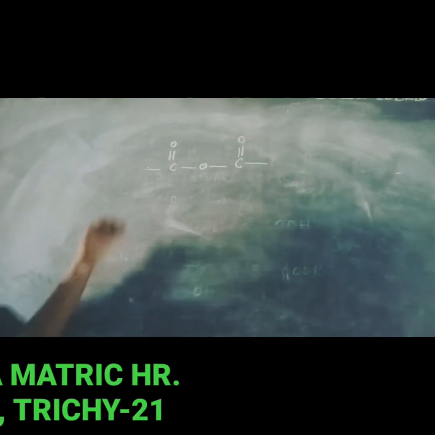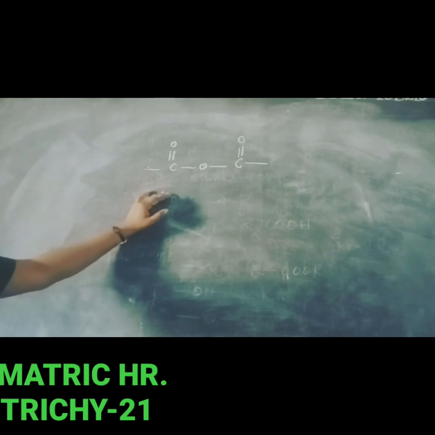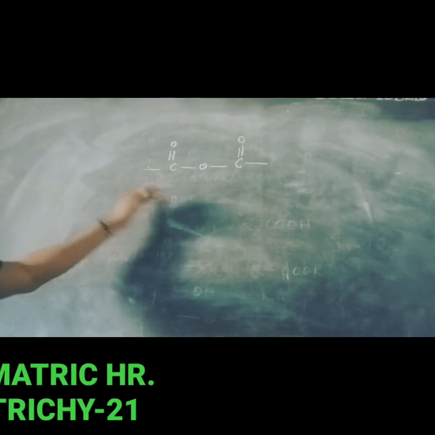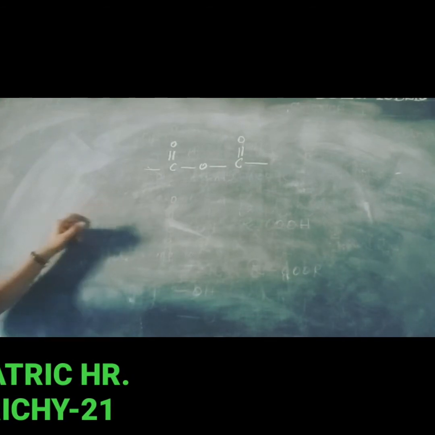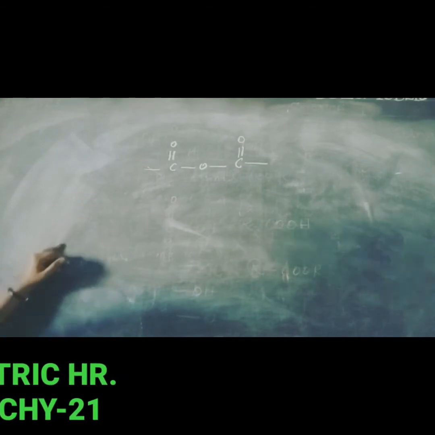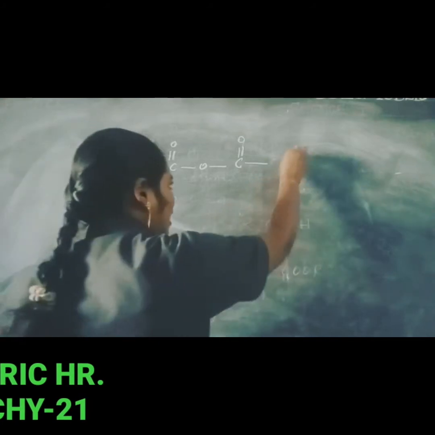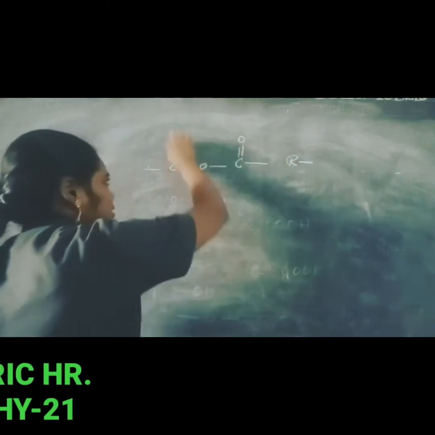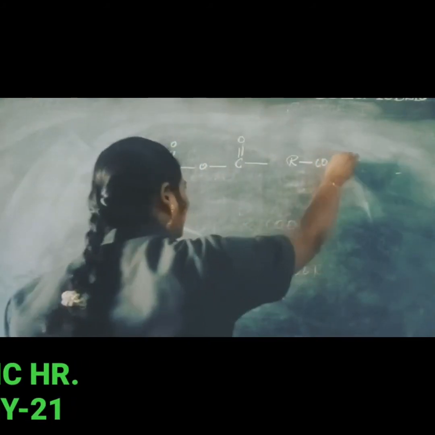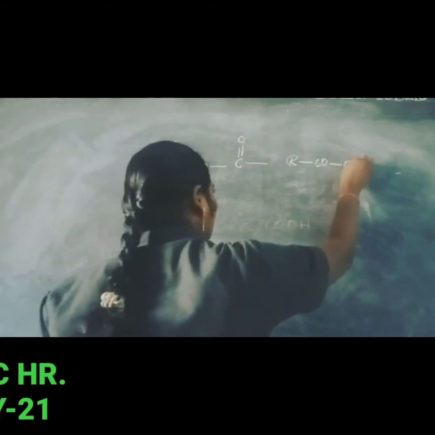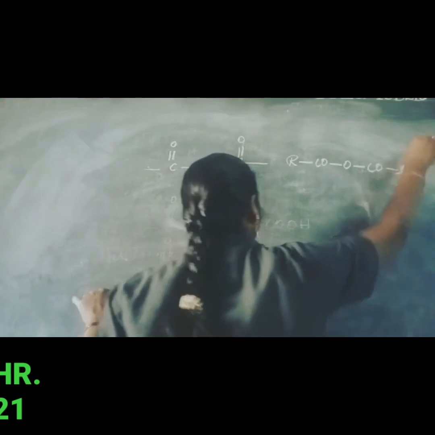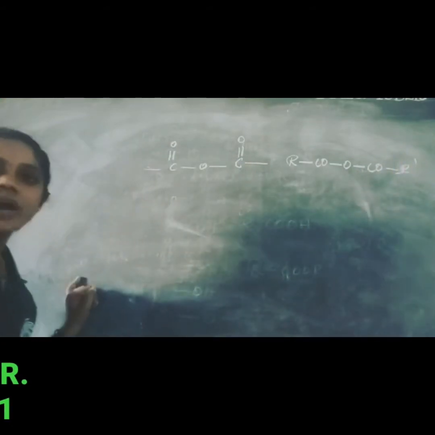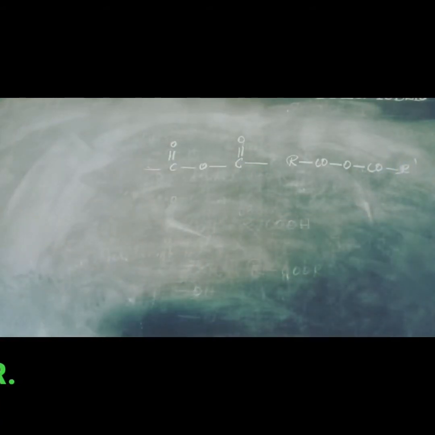So this is the functional group of acid anhydride. What is the formula for acid anhydride? RCO-O-COR'. How to write: R bond CO bond O bond CO bond R'. So this is the formula for acid anhydride.